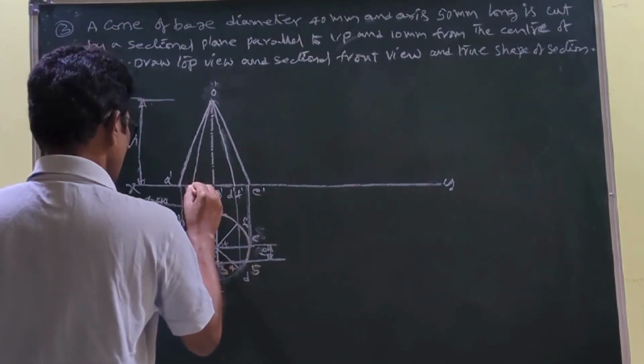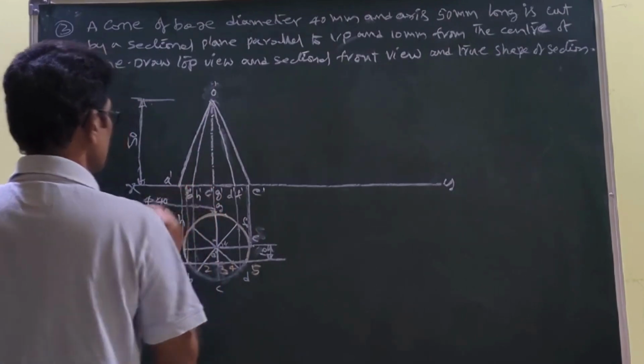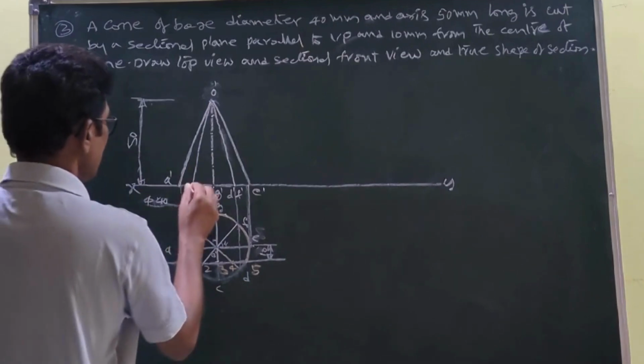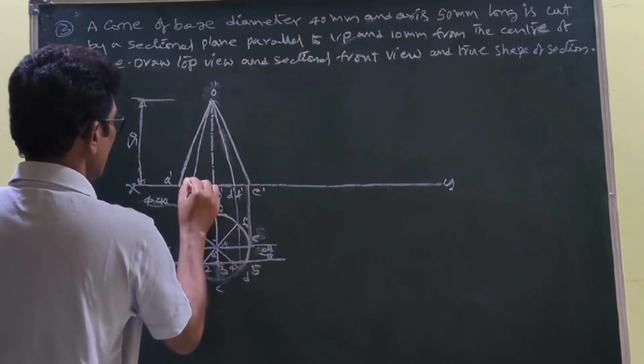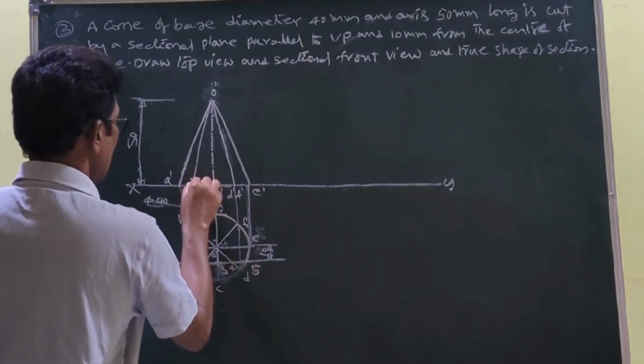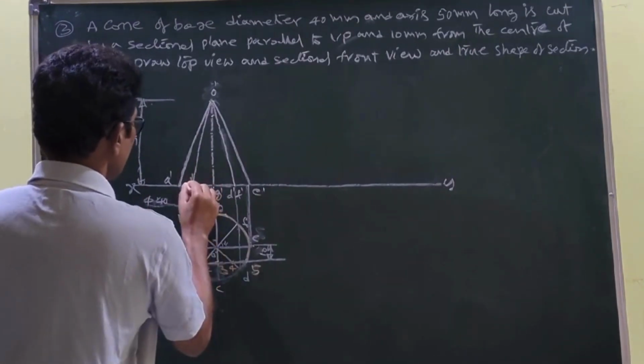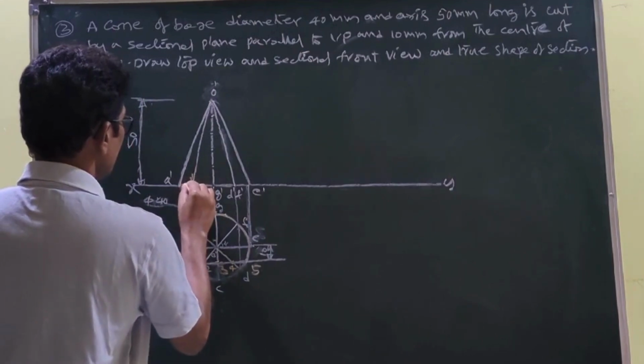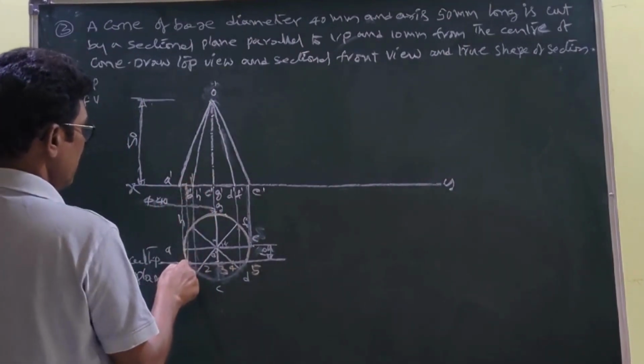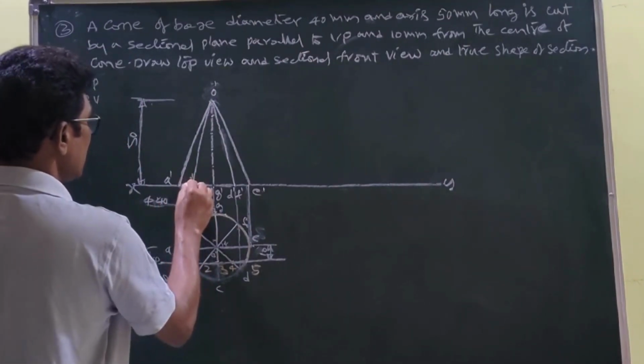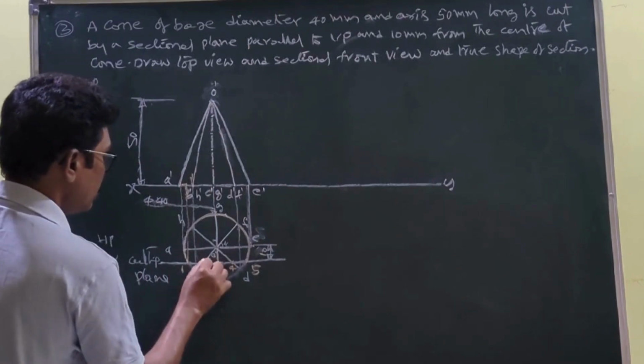Okay, name this 1 dash, up to this, because it is on the boundary. It is also boundary.